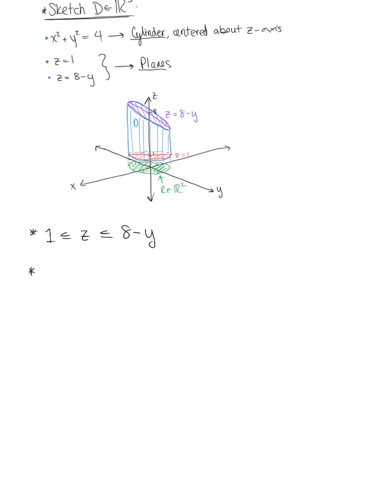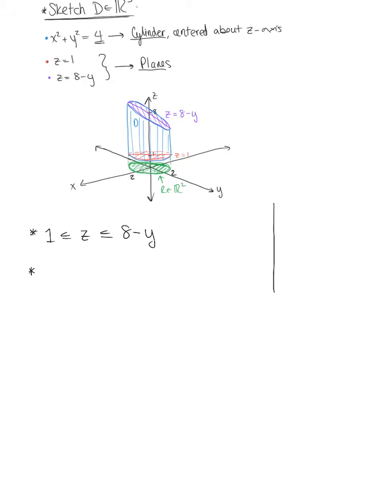If we think about the solid's projection into the xy-plane, we can see it's a full circle. Based off of our cylinder, that circle has a radius of 2, since 4 is equivalent to 2 squared.